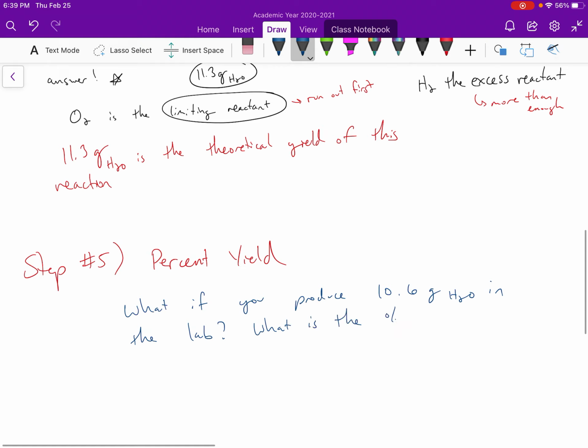What is the percent yield? Right? So you're like, all right, I go and I do this and I actually get 10.6 grams. What does that mean? Okay.